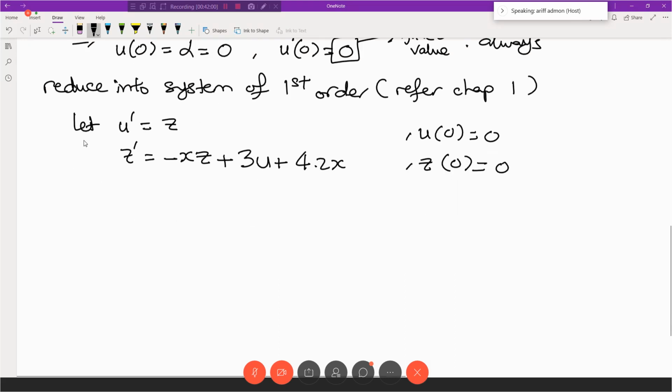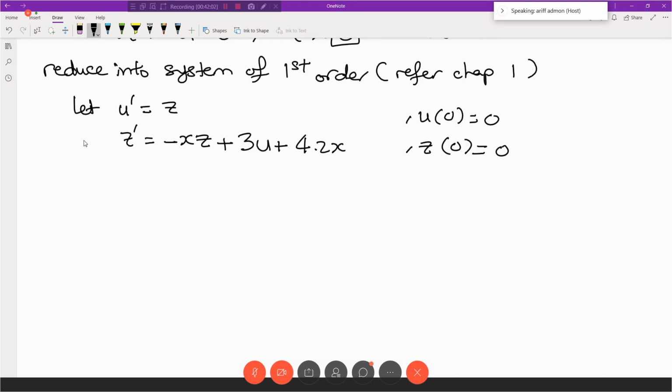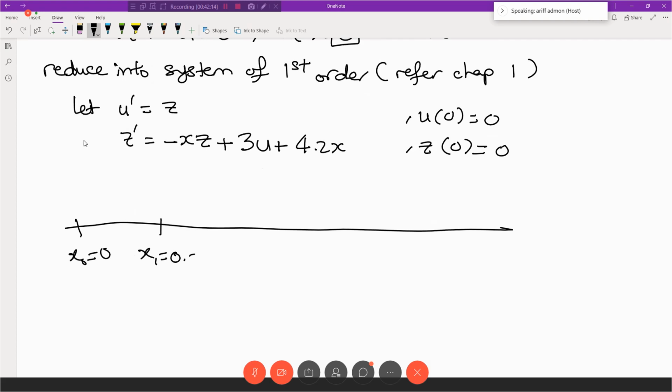Before that, we write x0 = 0, x1 = 0.25. This just follows the h of your boundary value problem. If the boundary value problem's h is 0.2, then all the IVP's h must be 0.2.